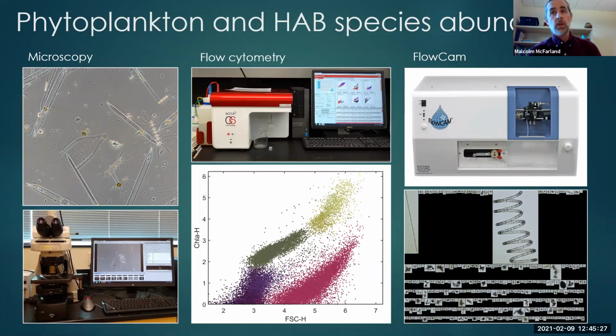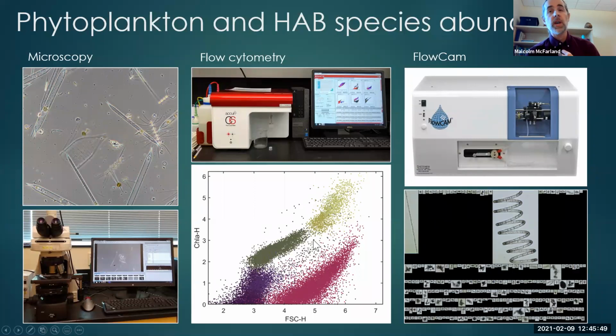And this is really good for counting the small cells like the Oreoumbra. So what you see on this plot here, every point represents an individual cell. And then we can categorize those cells based on how much chlorophyll they have or how big they are. And we can sort of group them into different types and count how abundant they are.